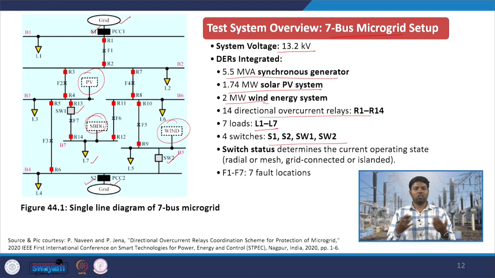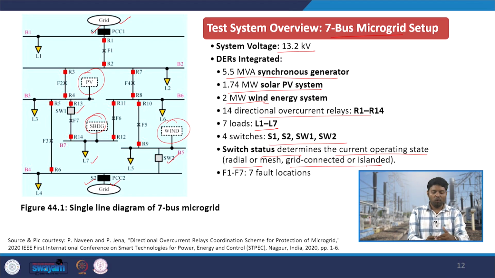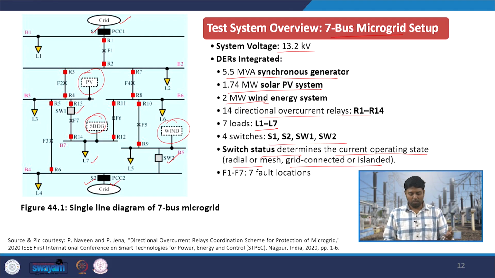So, switch status determines the current operating state, that is radial or mesh, grid connected or islanded. If you open both S1 and S2, then you will get islanded operation. If you connect just one, then you have only one PCC point, or if you connect both, then you have two PCC points.